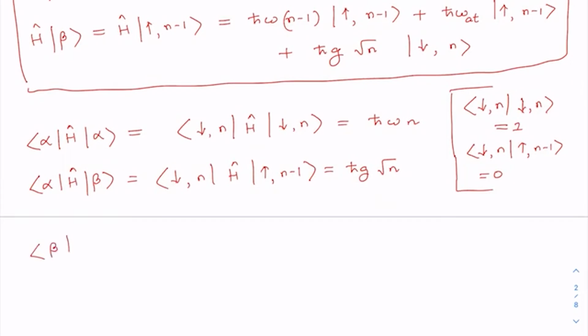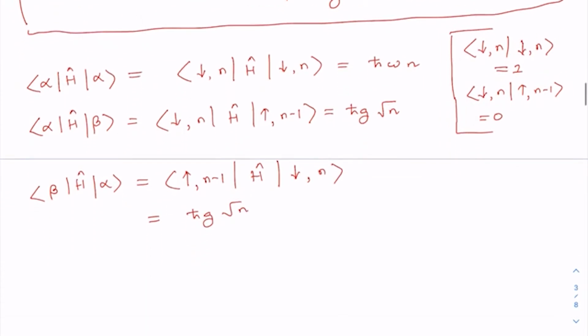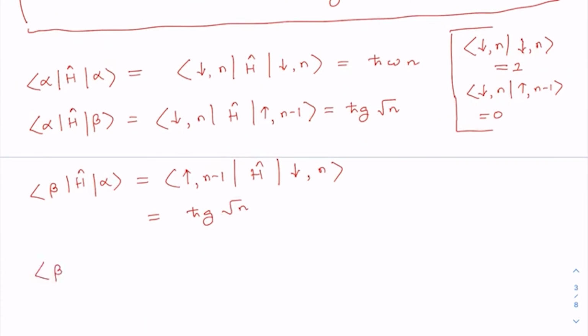And beta H alpha, that is beta, the atom in the up state with n-1 photons in the field mode, H, the atom in the ground state and n photons in the field mode. If you work it out, you will again get ħ z square root of n, and finally beta H beta would be equal to, let me write it down explicitly.